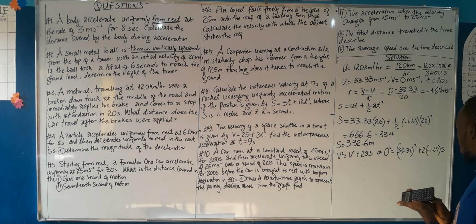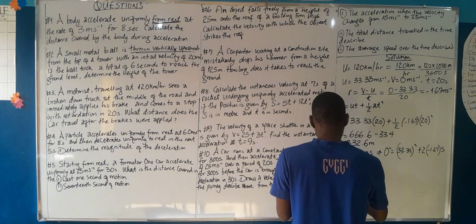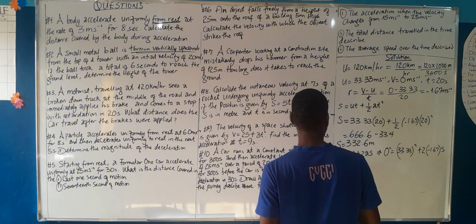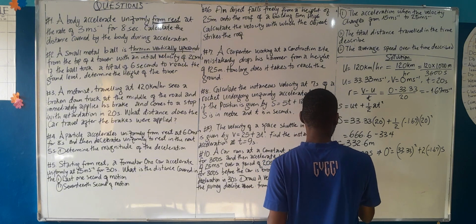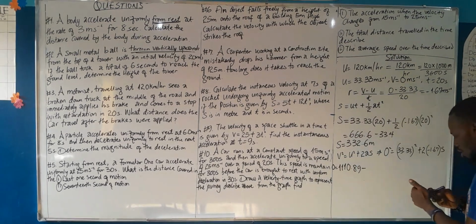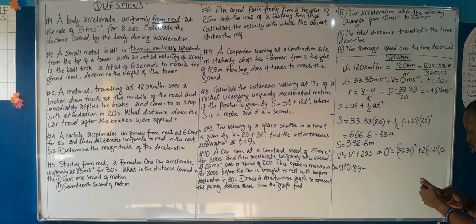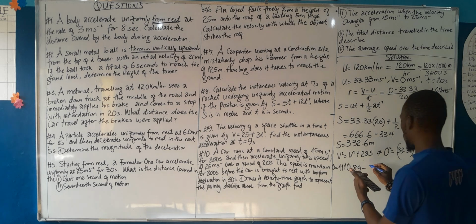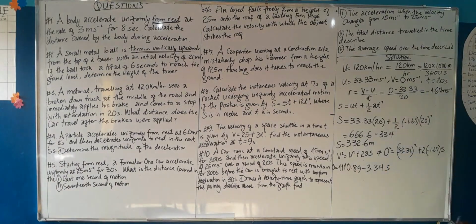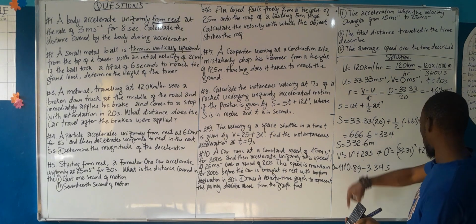The square of 33.33 is 1110.89. Okay, 0 equals, let me do it like this, minus 1.67 times 2 equals 3.34. So let's take this one to the side.